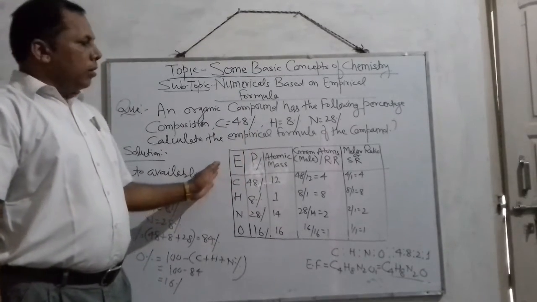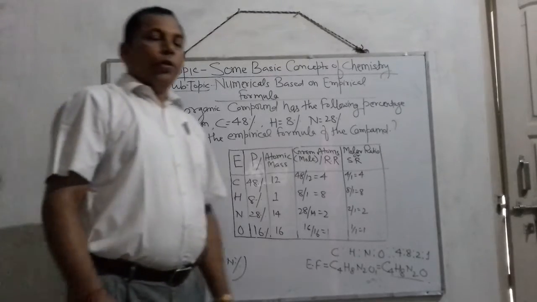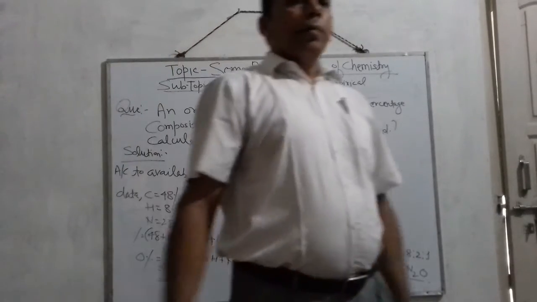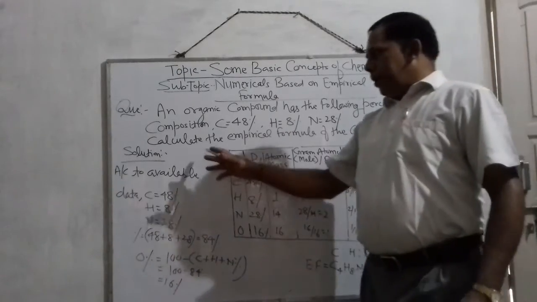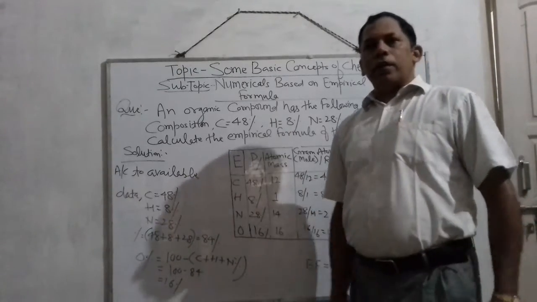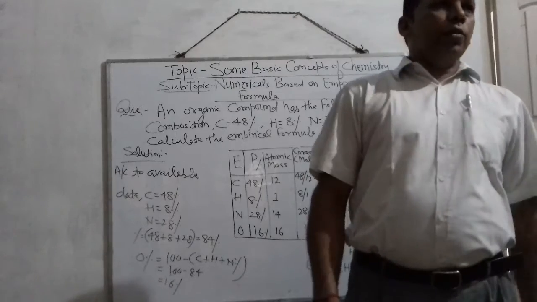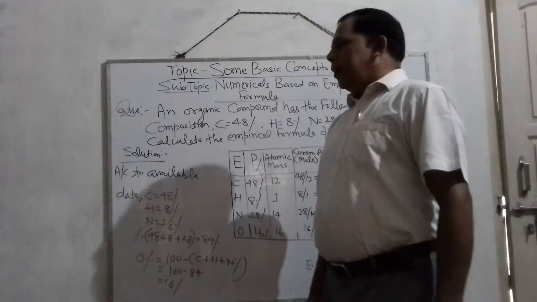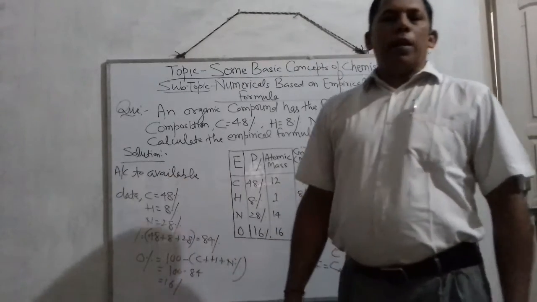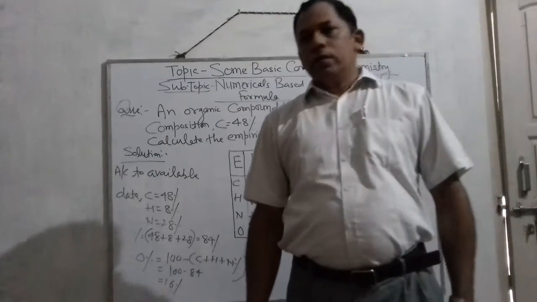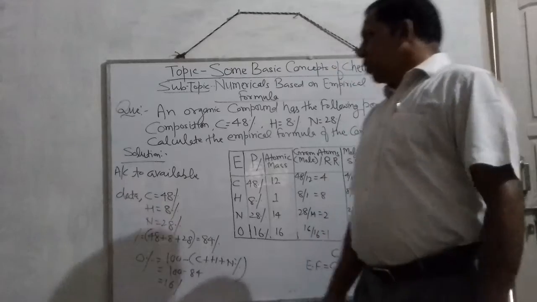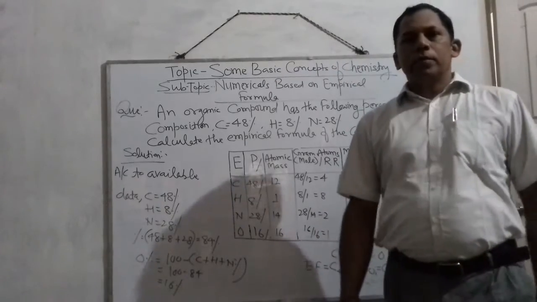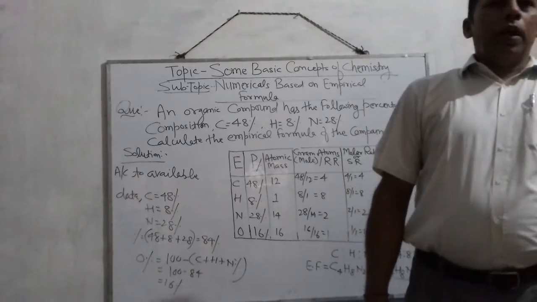So students, do more numericals based on empirical formula, which are given in your book. If they do not come, I will discuss them in detail in the next lecture. Okay? So, students, that's all for today. Thank you. Have a nice day.